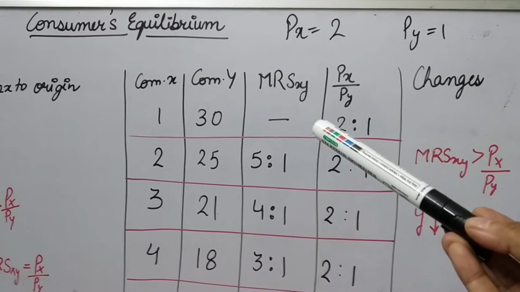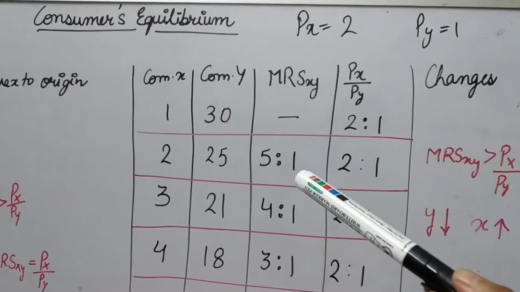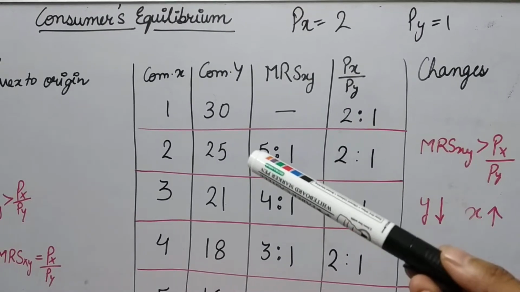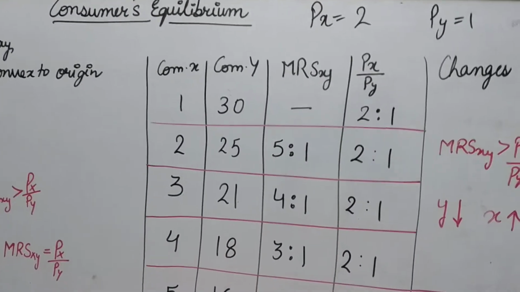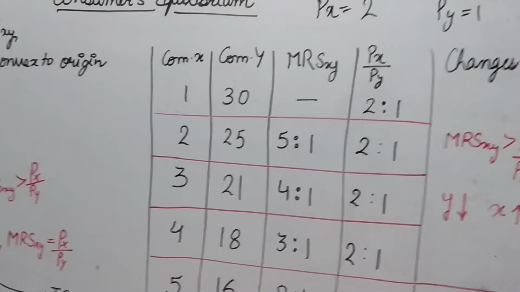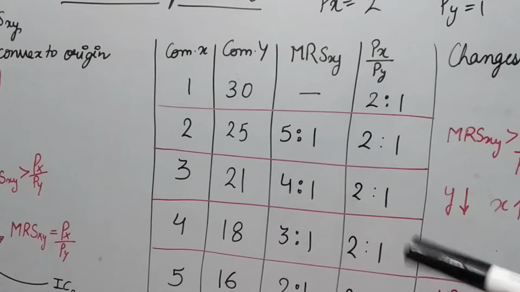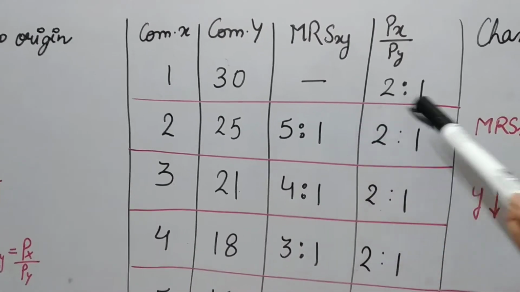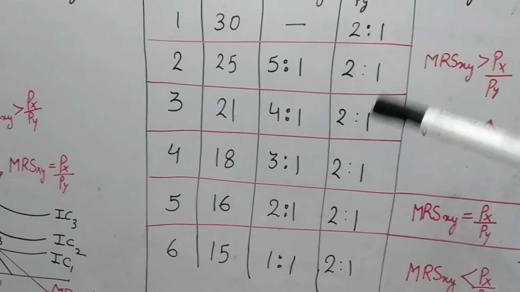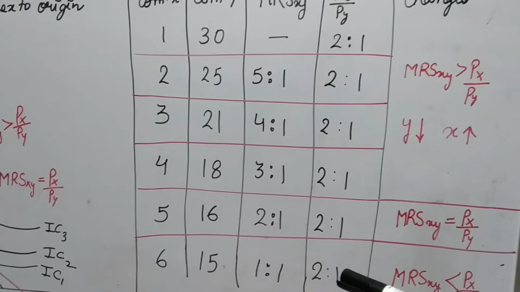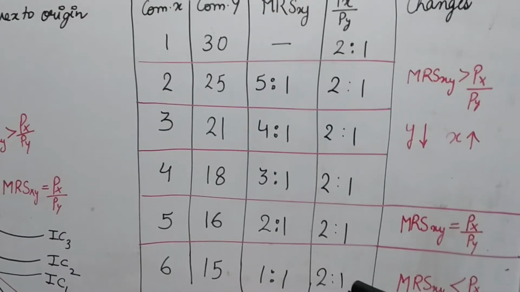MRS of XY formula is delta Y upon delta X. So at first, how many units did he give up of Y? That is 5 units, and how many units has he increased of the X commodity? That is 1. So in the beginning you can see the MRS of XY is 5:1. At that time Px upon Py is 2:1, because the price will remain the same, so 2:1 is the same for all the 6 units of the X commodity and for all the Y units.